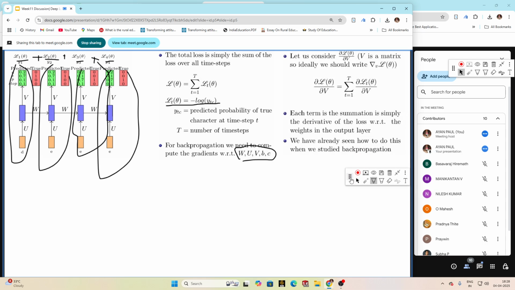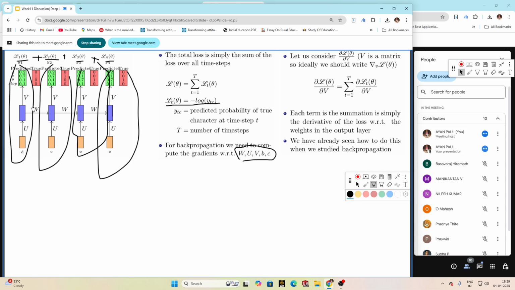So we will again do the same thing: we have to reach from dL to the input. To do this, we again use the chain rule, because we cannot reach directly from here to here; we have so many things in between. That is why we apply the chain rule. First we have to find dL by dV.